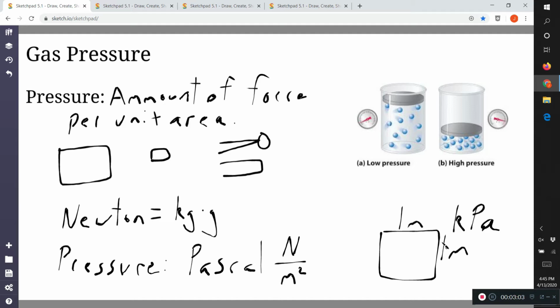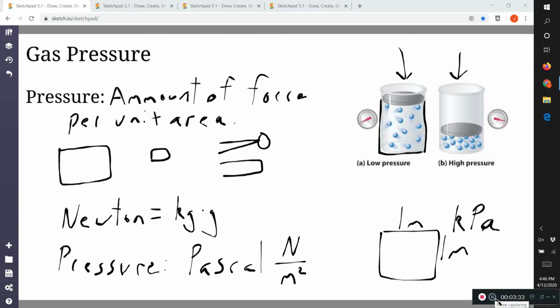Let's talk specifically about gases. Here I have two different containers where the amount of gas, the number of particles, is the same, but in one of them it's in a much wider area, creating lower pressure. The way gases create pressure is when the particles hit the outside containing edge, that is what we call pressure. That's the force.